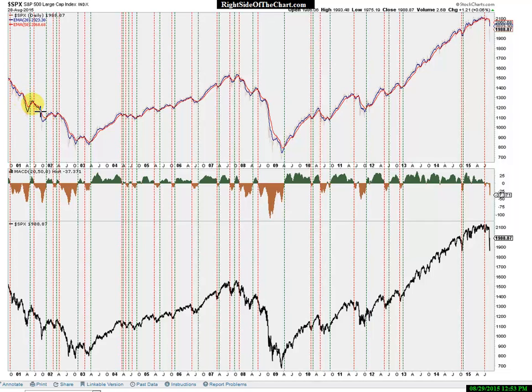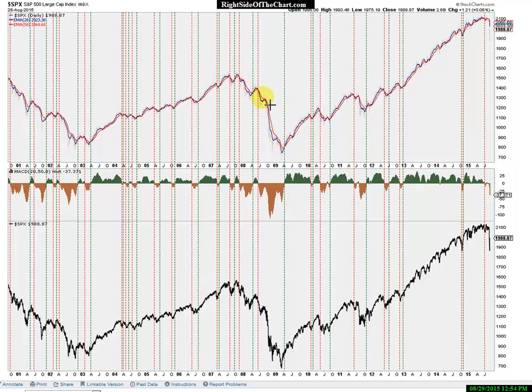But again, if you really freeze this chart and look at it, the whipsaws didn't really get you. You're on the wrong side of the trade for a little bit, but the moves were relatively minor, especially compared to getting back in and catching the bulk of the trends. The whipsaws are going to come because the market does have these sideways consolidation periods from time to time. But as you can see, these are the major rips and trends within each market.